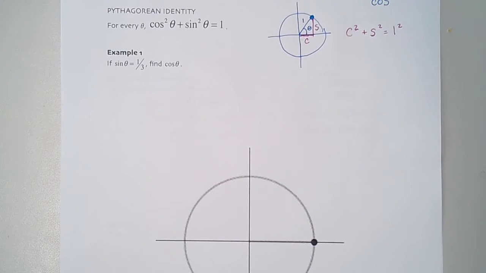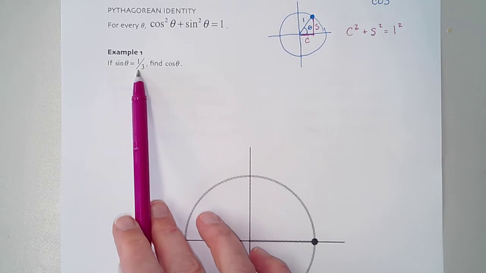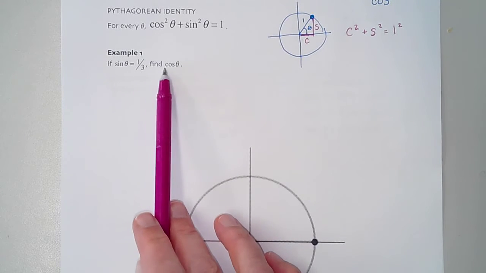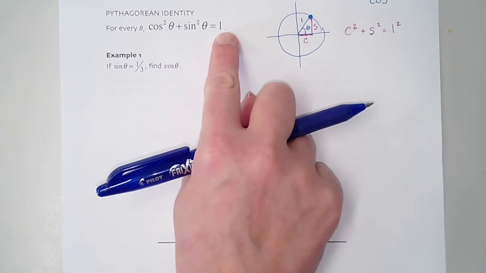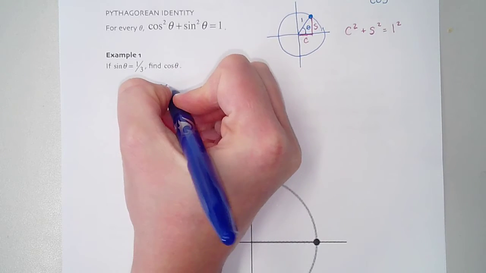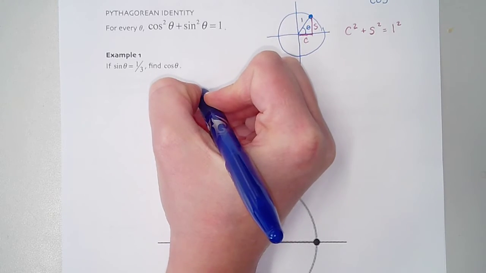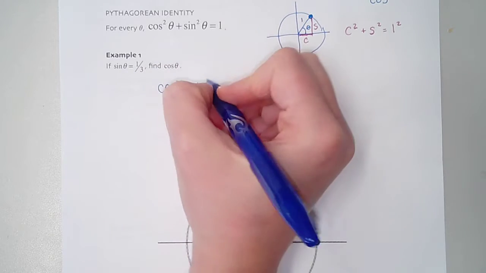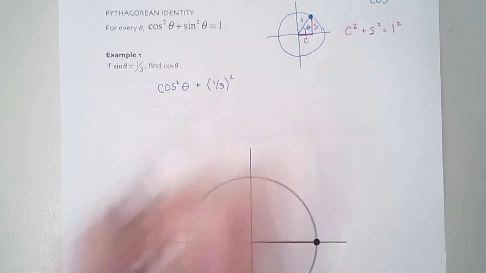Here's how you can put something like that to use. If you know that the sine of theta is equal to 1/3, and you want to try to find the cosine of that theta, I can use this identity if I want to. So cosine is the thing I don't know, so I'm going to write this down as cosine squared of theta plus, now my sine is 1/3, so I'm plugging in 1/3 and squaring it.